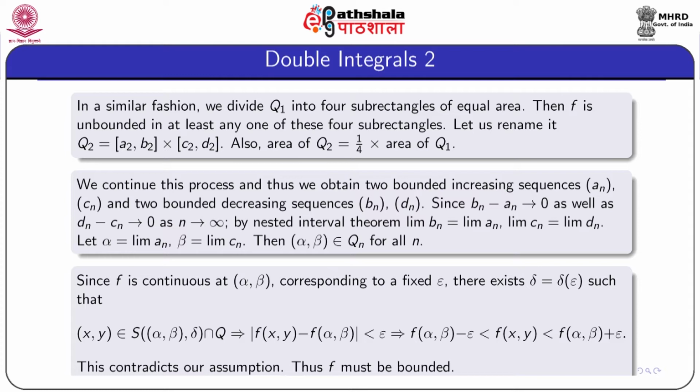Since f is continuous at (alpha, beta), corresponding to a fixed epsilon there exists a delta such that (x,y) in the open sphere with center at (alpha, beta) and radius delta, intersection with Q, implies F(x,y) lies between f(alpha, beta) minus epsilon and f(alpha, beta) plus epsilon. This contradicts our assumption, thus f must be bounded.